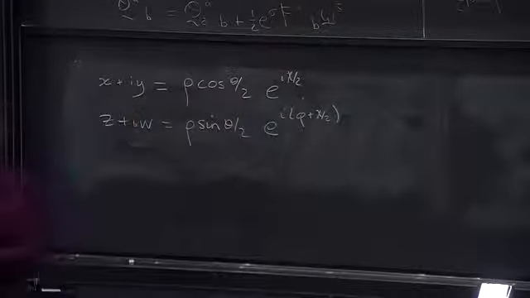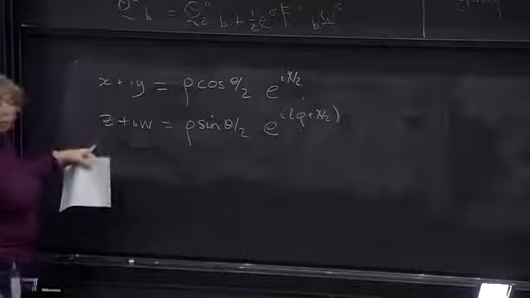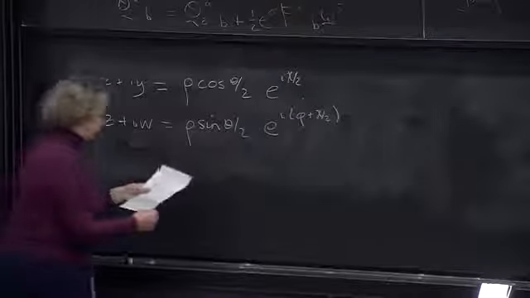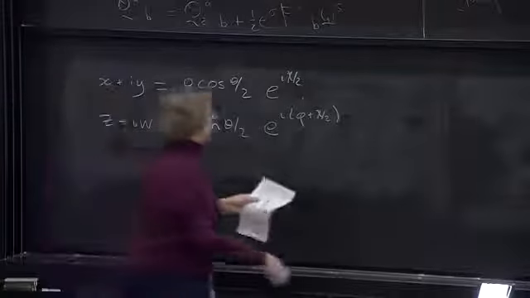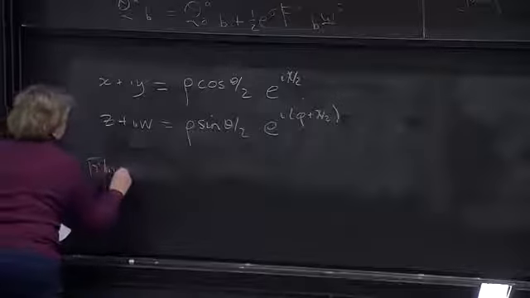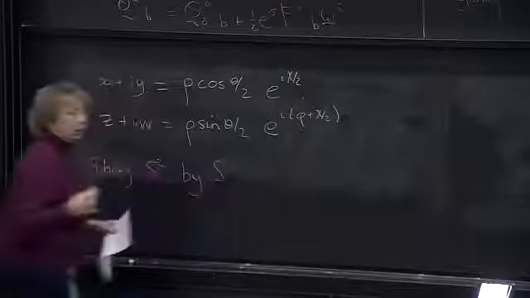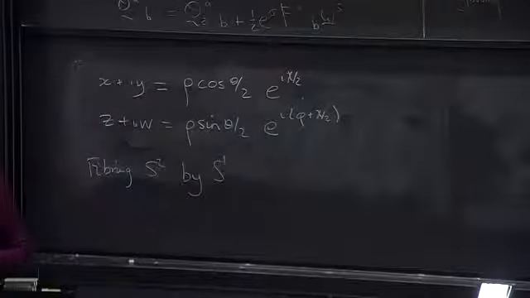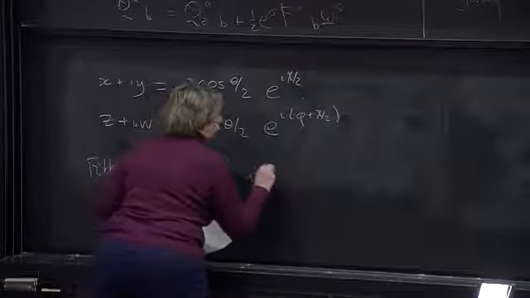So what we've got here is a way of mapping locally to the origin of R4, and if we look at what we're doing, we're fibering S2 by S1. So when we take a Kaluza-Klein compactification, we're always adding a little manifold. Here it's a little circle, but we're fibering the S2 with a twist.